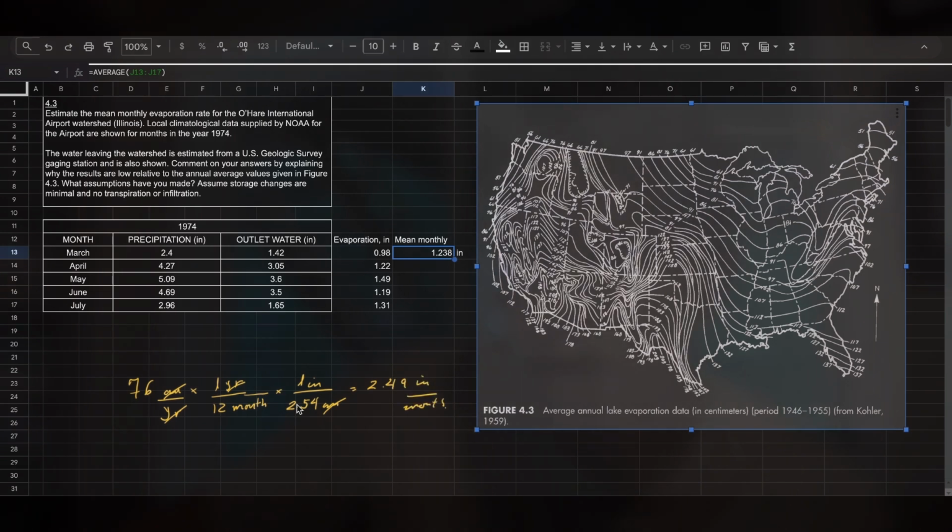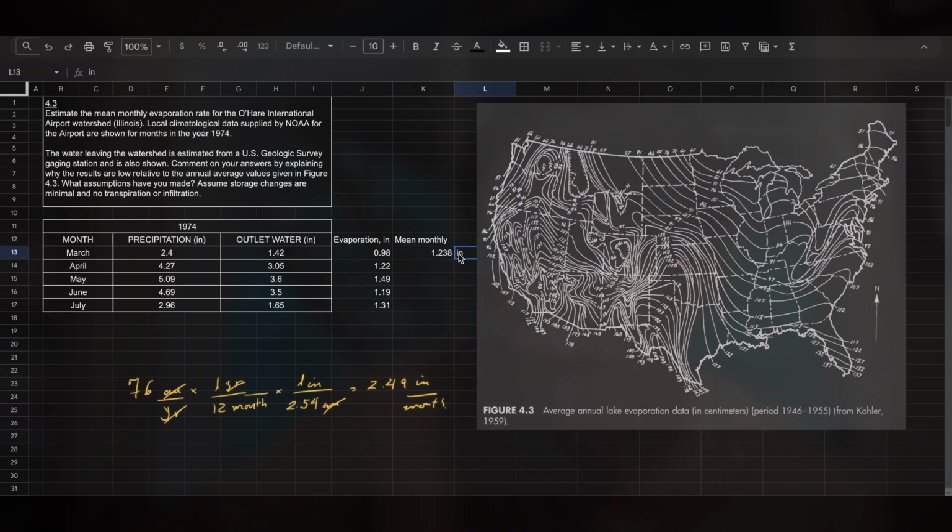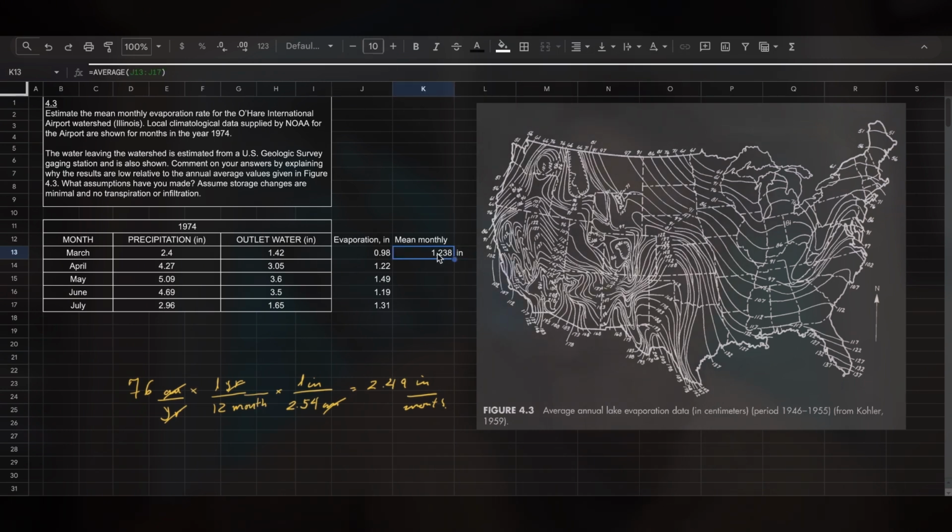You remember, we have 1.238 inches also per month, right? So our value is way less, almost half, if not half, of what it says in this figure. We need to explain what assumptions and why we think that that's the case.